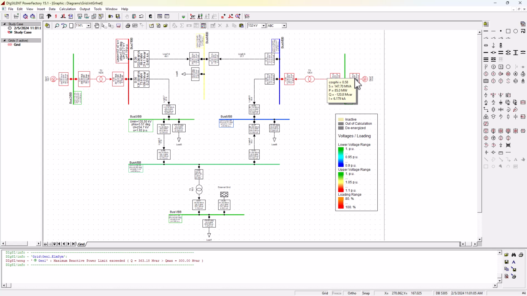Now these all add up to the apparent power, which is equal to the square root of the active power squared plus the square of the reactive power.